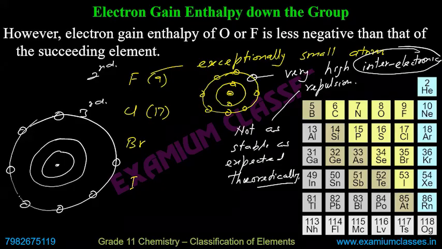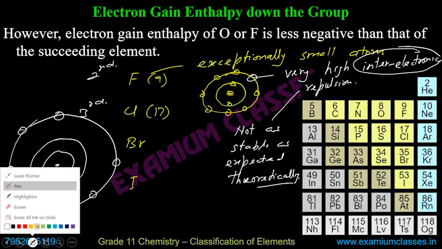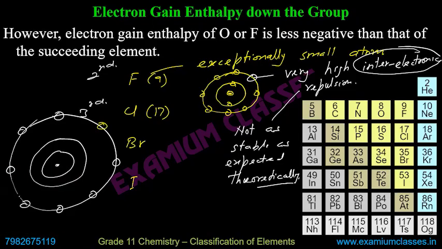In chlorine, third shell, again only 7 electrons. There is huge space, so the incoming electron has very small interelectronic repulsion. Force of attraction and noble gas configuration outweigh interelectronic repulsion here.